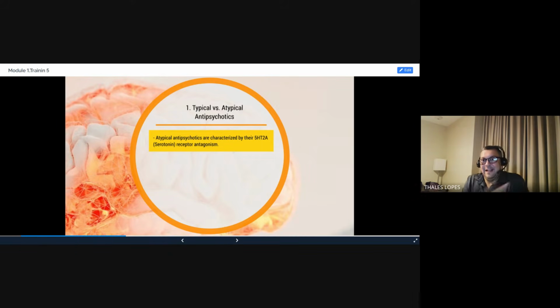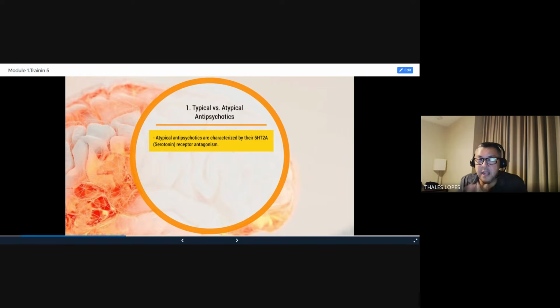I mean, how else can I put it, right? So remember the difference between first and second generation is that the second generation comes with the 5-HT2A receptors, which is serotonergic. It comes with less EPS, but more metabolic syndromes. And we'll cover metabolic syndromes in detail.